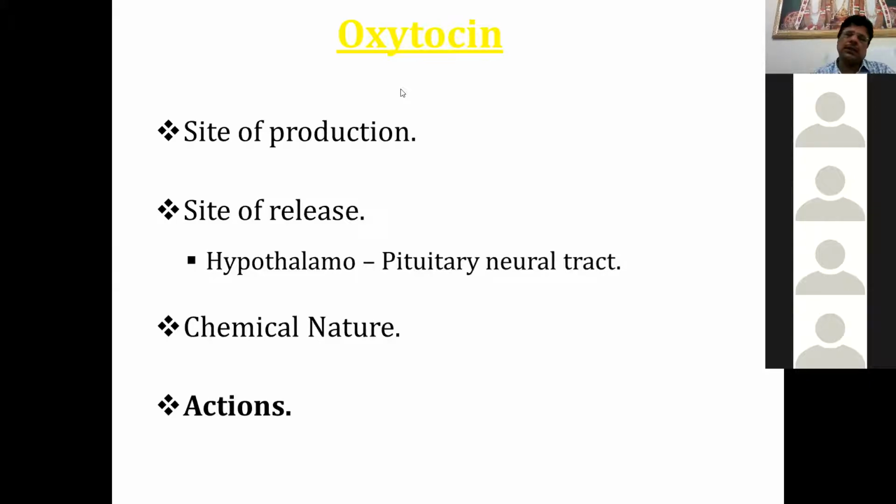And we also saw that diabetes insipidus is of 2 types. If there is a problem in the brain and the hormone is decreased, then it is called central diabetes insipidus. If the problem is in the kidney, where in spite of the hormone being secreted, the kidneys are not responding to ADH, then that is called nephrogenic diabetes insipidus.